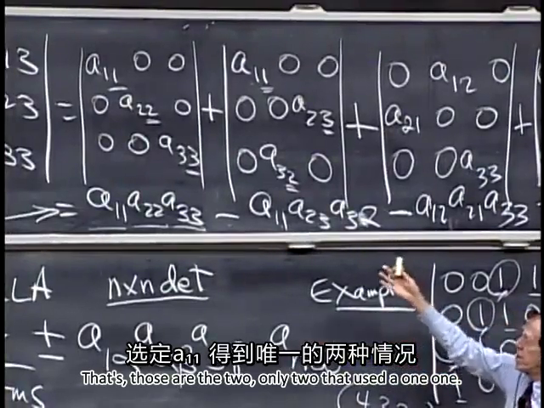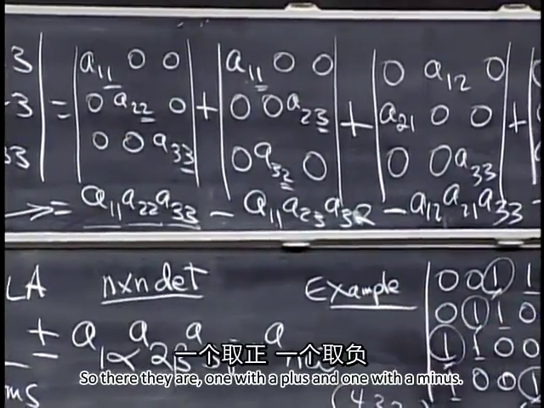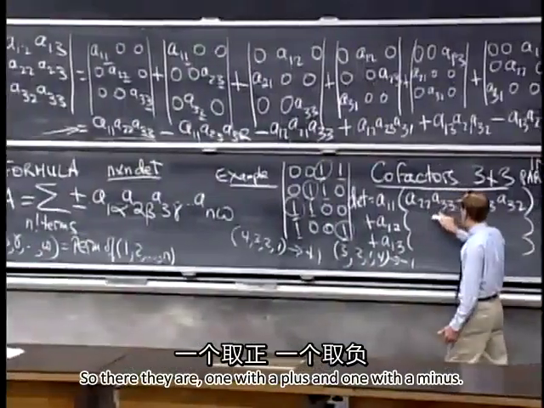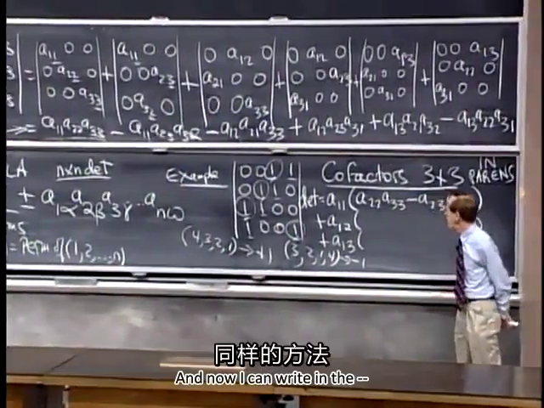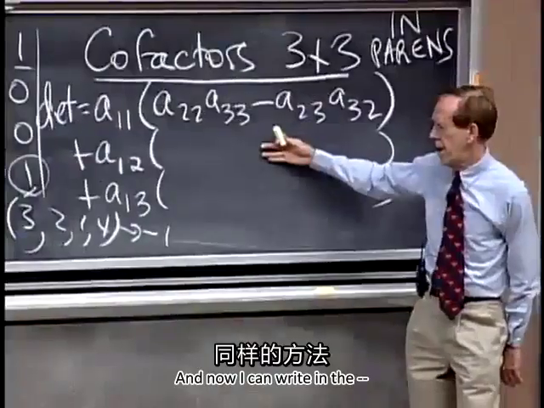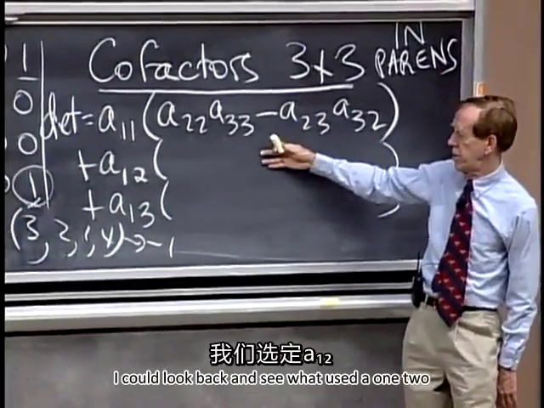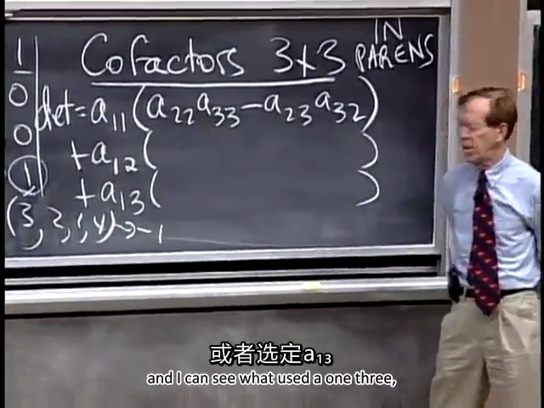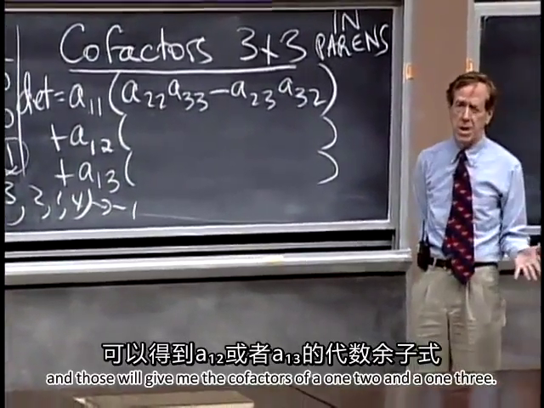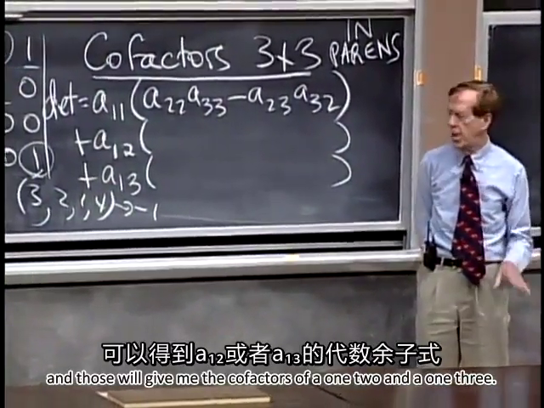Those are the only two that used A11. So there they are, one with a plus and one with a minus. And now I could look back and see what used A12, and what used A13, and those would be the cofactors of A12 and A13.